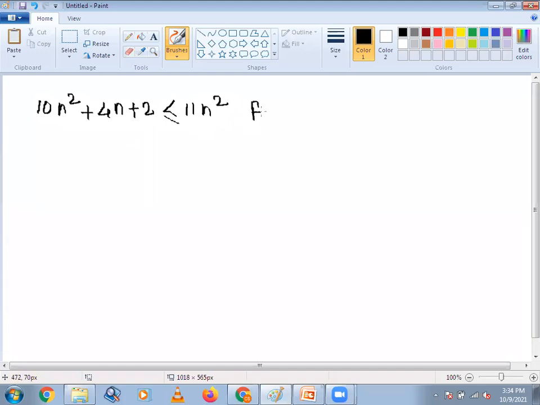Then find n. N is greater than equal to question mark.